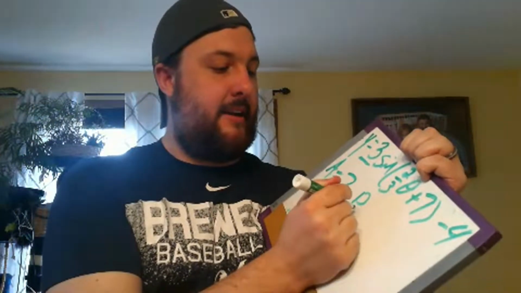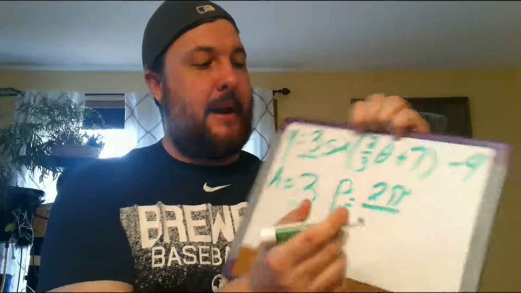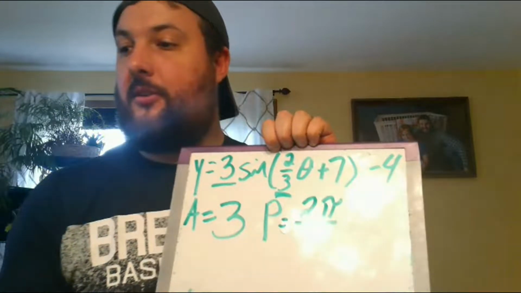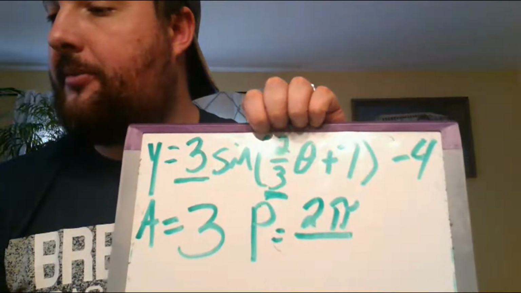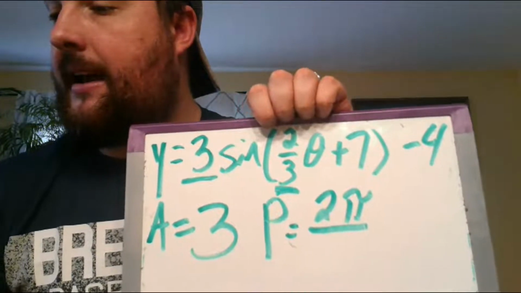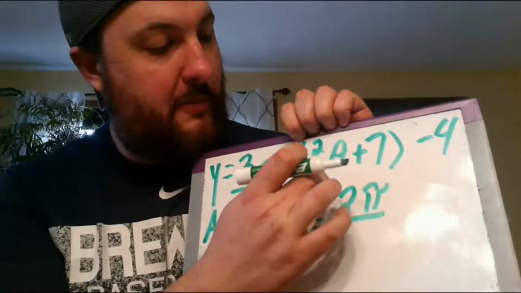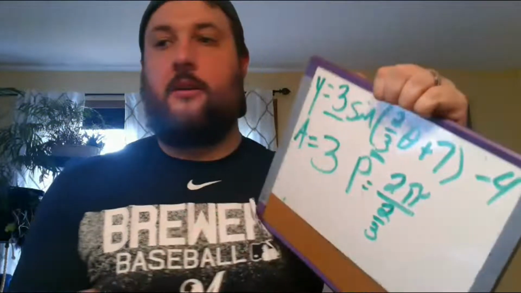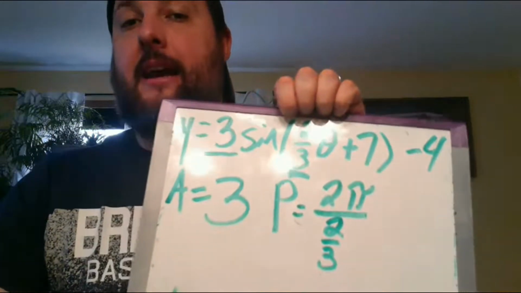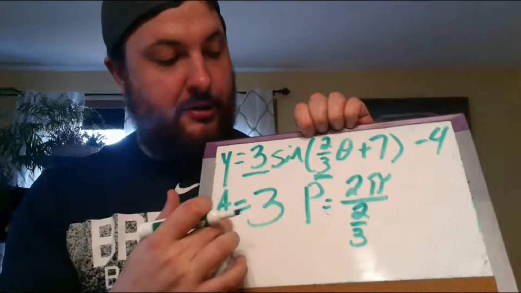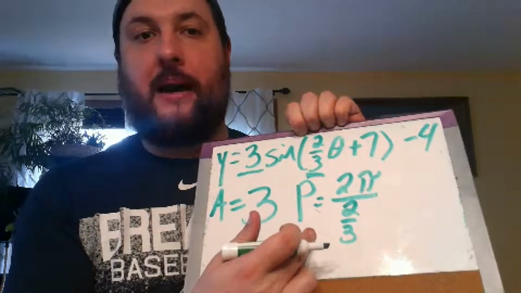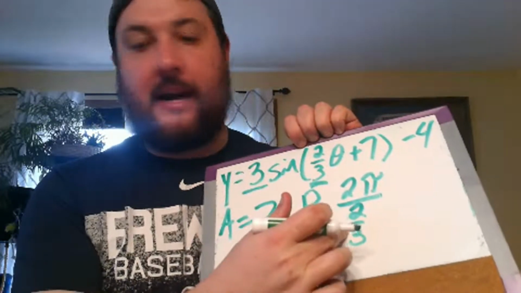So I take 2 pi and divide it by the number that's being multiplied inside the parentheses, 2/3. Again, it's the absolute value. The amplitude and period should never be negative. So you're always going to be working with pi. Even if this was a negative here, you change it to a positive.